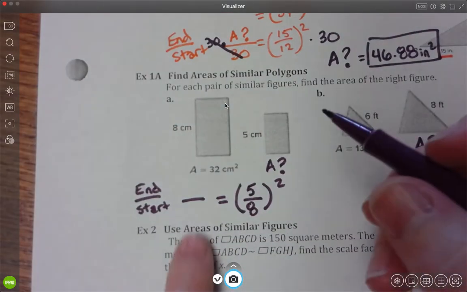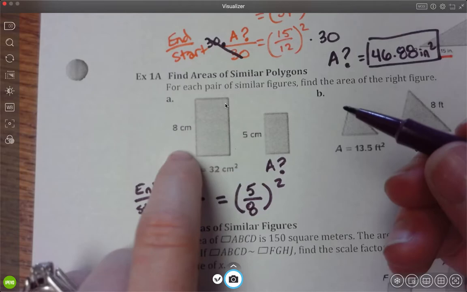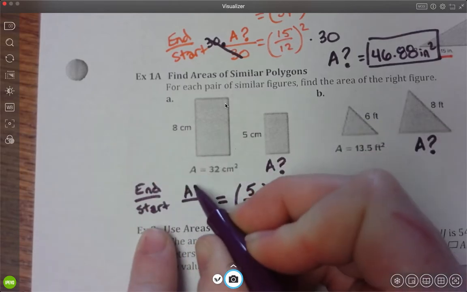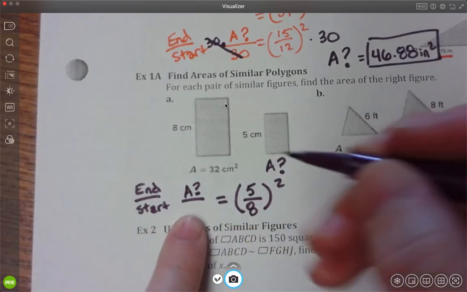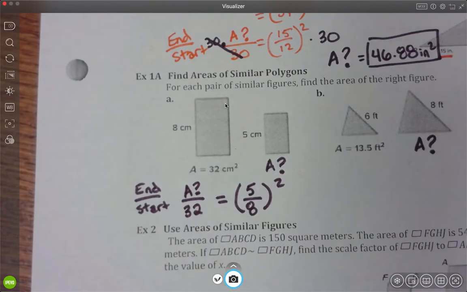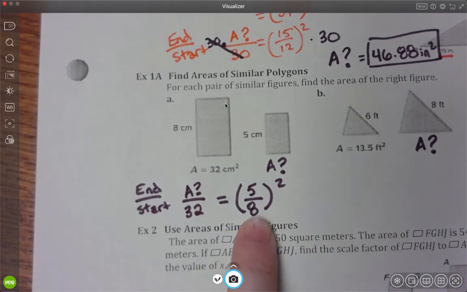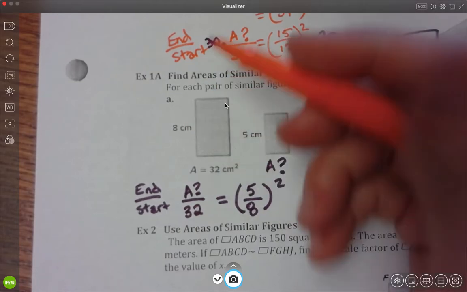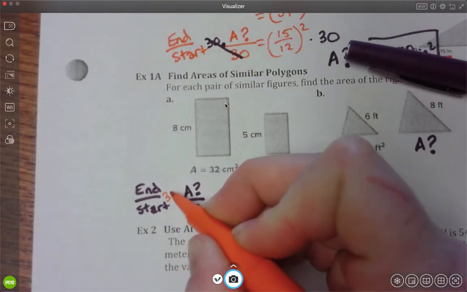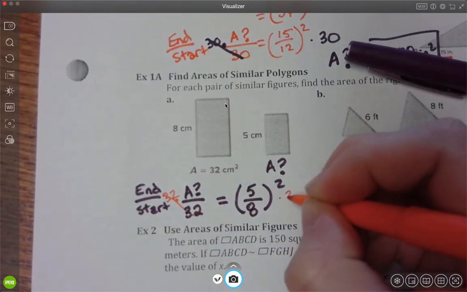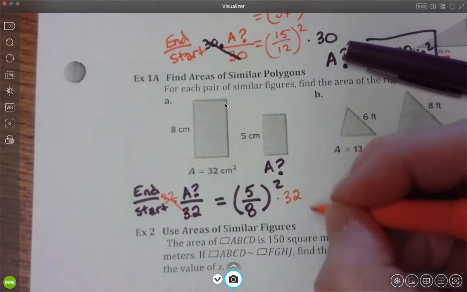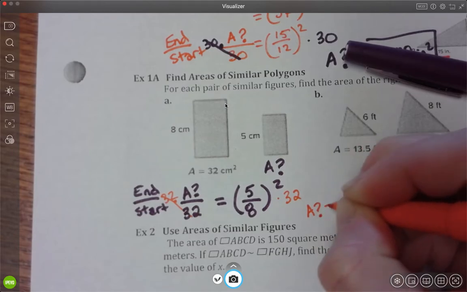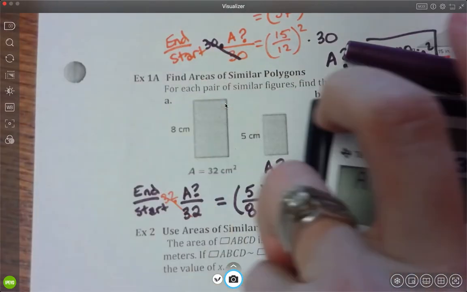Then I need my ending over starting. Ending is going to be the area, question mark. Starting is going to be 32. So it's just the scale factor squared is equal to this guy. Now just the same way as we did up above, I have times 32. So the area that I don't know, I take 5 divided by 8 squared times 32.